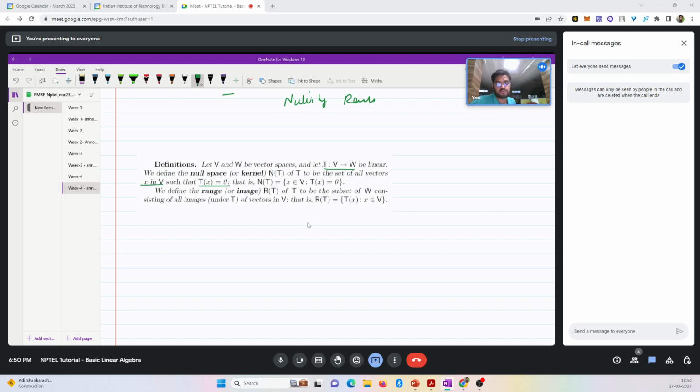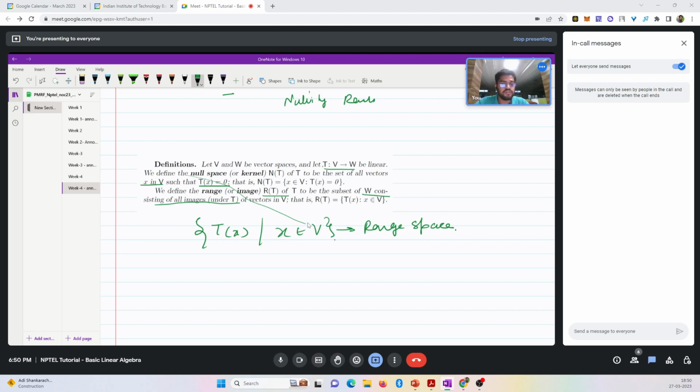This is what I told you a few moments ago. Again, we define range or image of T to be the subset of W consisting of all images of V under T. So if you take T of x, this set for all x in V, this is called the range space.